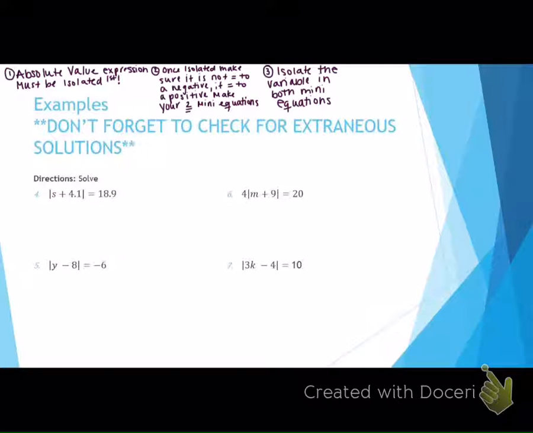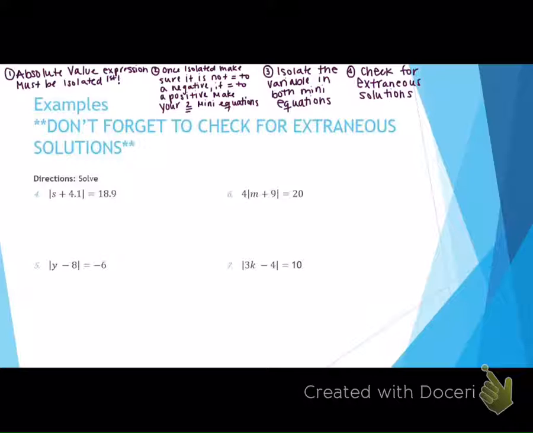And then finally, check for extraneous solutions. All right, so go ahead and get that stuff written down, then we're going to get into these examples. If you can't see something, please let me know.